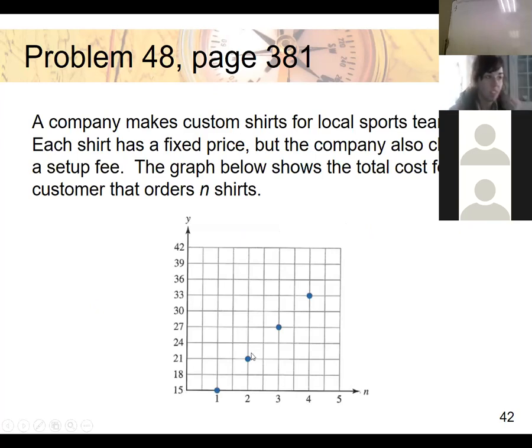For 2 shirts, that's going to be $21. So the distance between 15 and 21, that's going to be 6. So each shirt costs $6. That's part A.